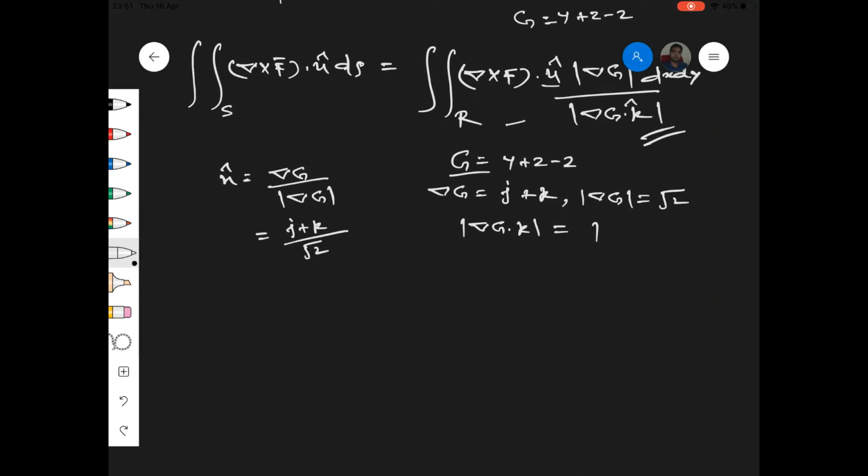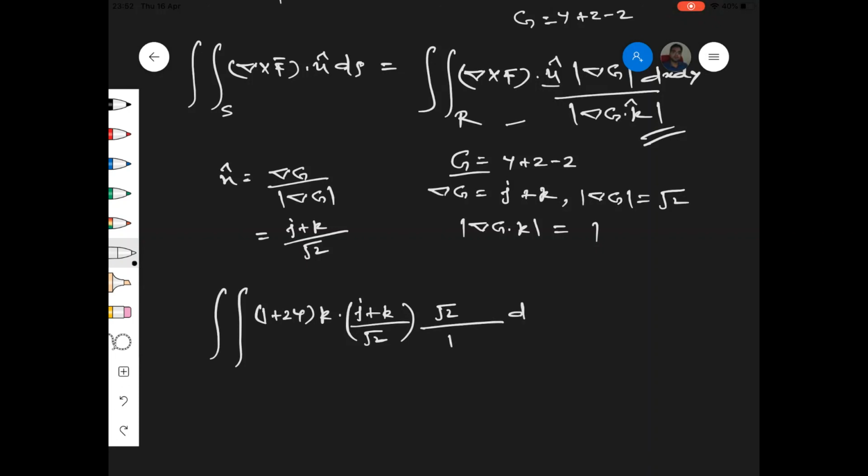So double integral, the value of del cross f, 1 plus 2y k, dot n cap, which has the value j plus k divided by under root 2, times the value of mod del g, which is under root 2, and del g dot k, which has the value 1.